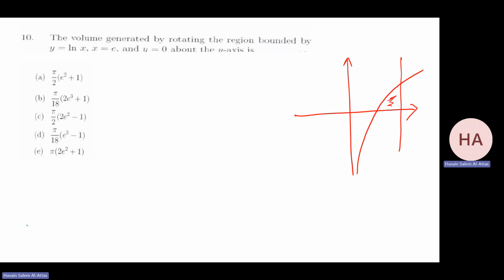So I'm talking about this region. And you want to rotate it about what? About the y-axis. Well, this is my axis of revolution. So I want to put my line perpendicular to this axis of revolution. So I need to make it this way. So this is my line.